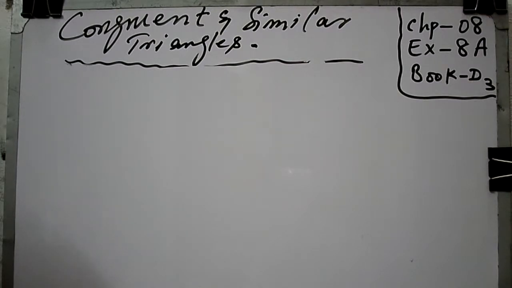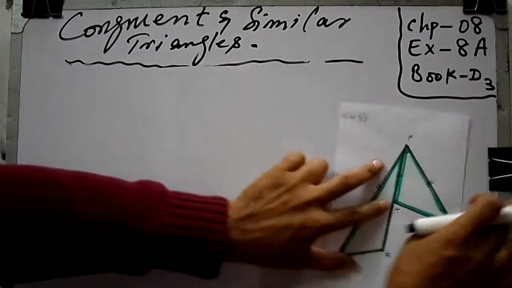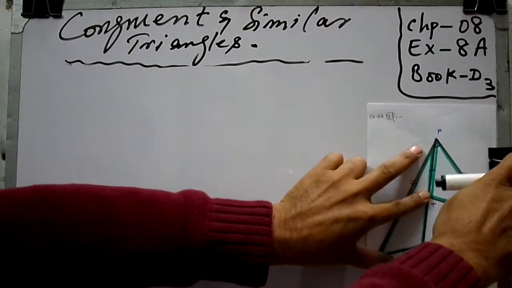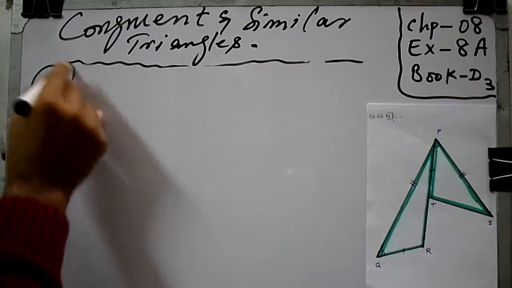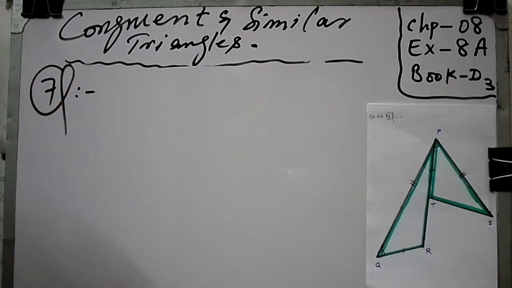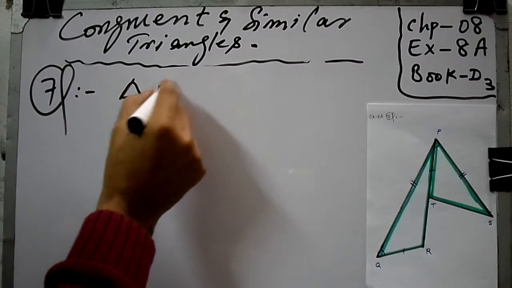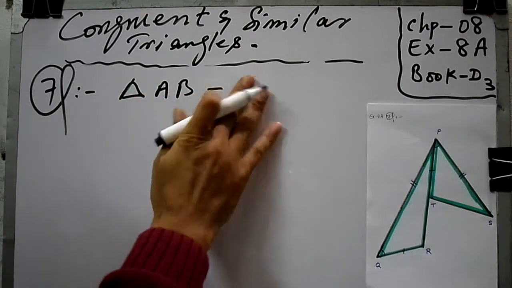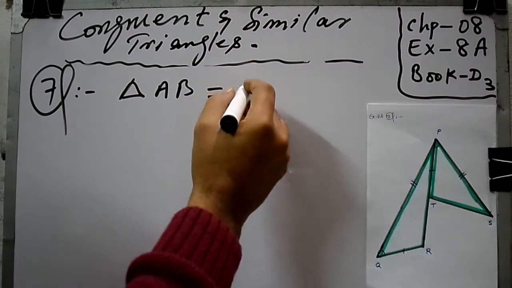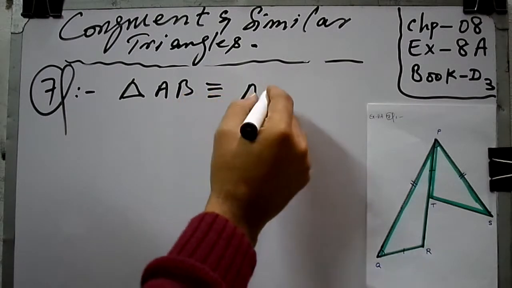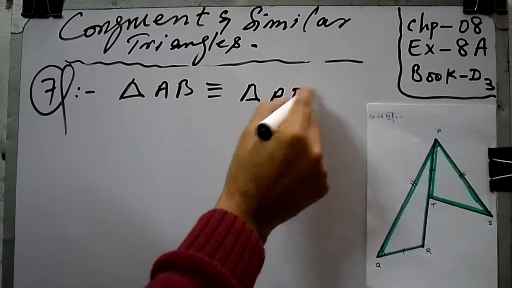Now coming to question number 7, two triangles are given to us, triangle PQR and triangle SPT, which you can see in your textbook.